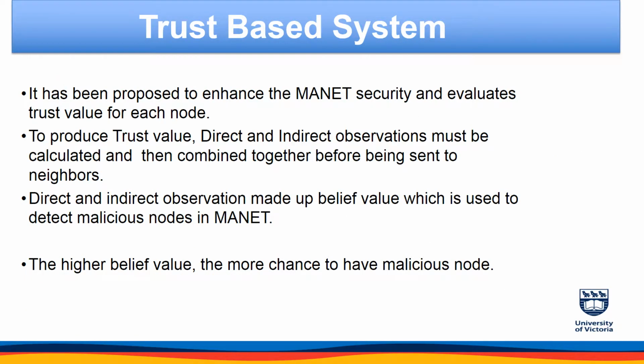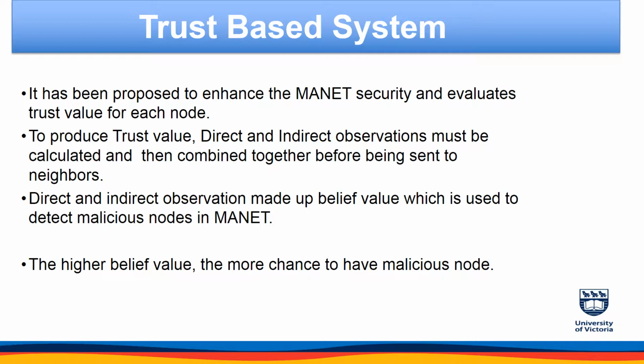Different systems and frameworks have been proposed in order to take care of MANET security. One of them is called the trust-based system. Within this system, nodes trust each other, and they can update their path information based on information from other nodes. It evaluates the trust values for each node. To produce this trust value, it analyzes direct and indirect observation.